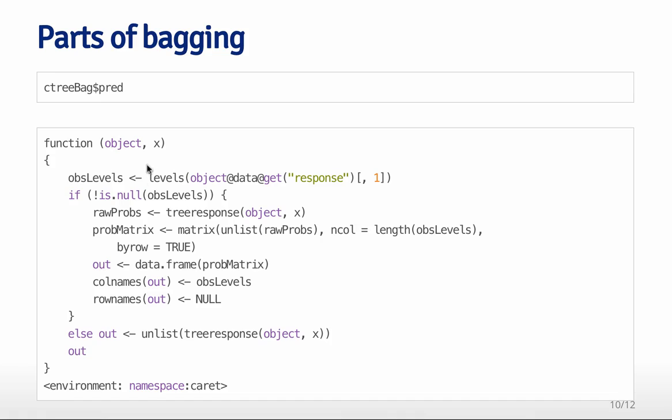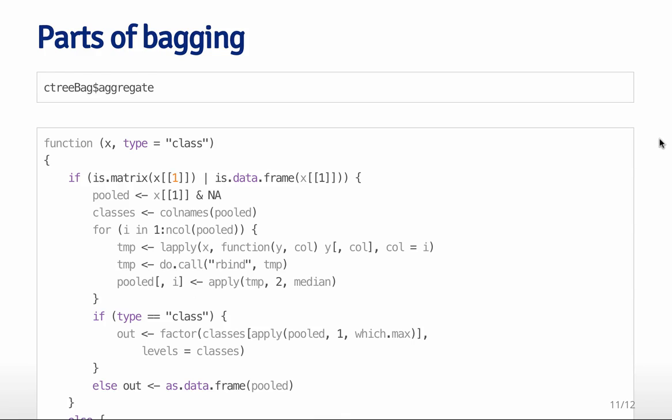The prediction takes in the object, so this is going to be an object from the ctree model fit, and a new data set x, and it's going to get a new prediction. So what you can see here is it basically calculates each time the tree response or the outcome from the object and the new data. It then calculates this probability matrix and returns either the observed levels that it predicts, or it actually just returns the response, the predicted response from the variable.